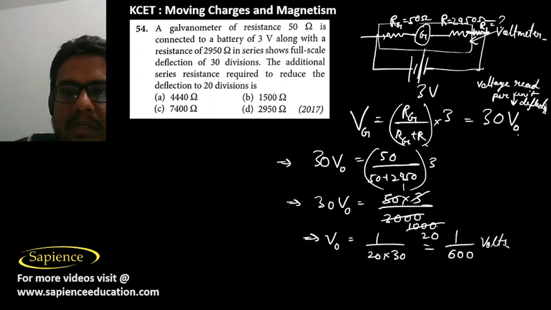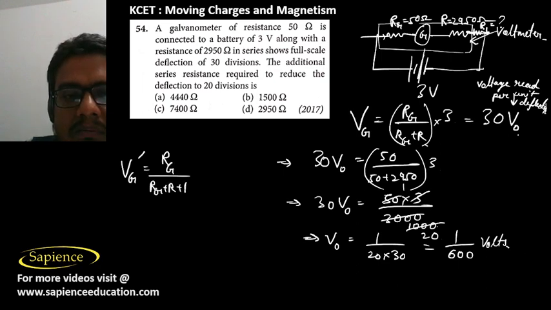Now it is told when R1, an additional series resistance, is connected in series with this resistance also, then the deflection in the galvanometer is reduced to 20 divisions. It means now the voltage that is read by the galvanometer, Vg dash, is equal to Rg by Rg plus R plus R1 into 3.